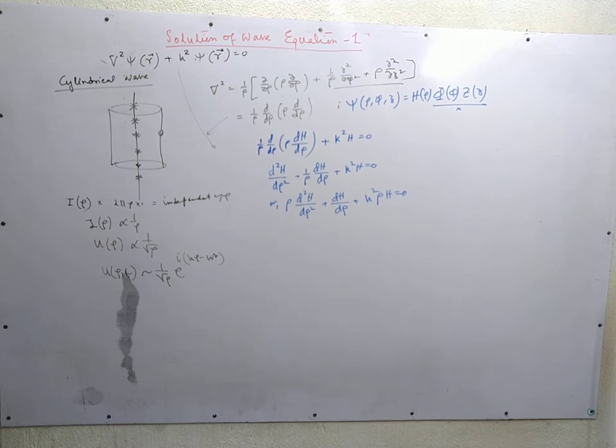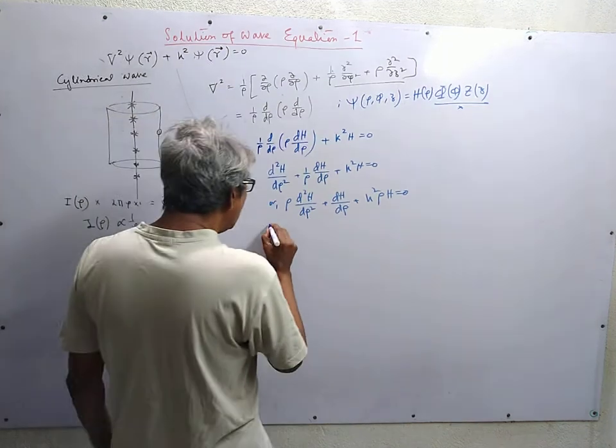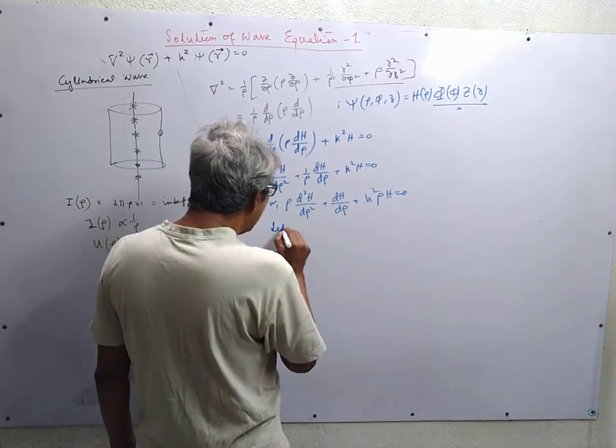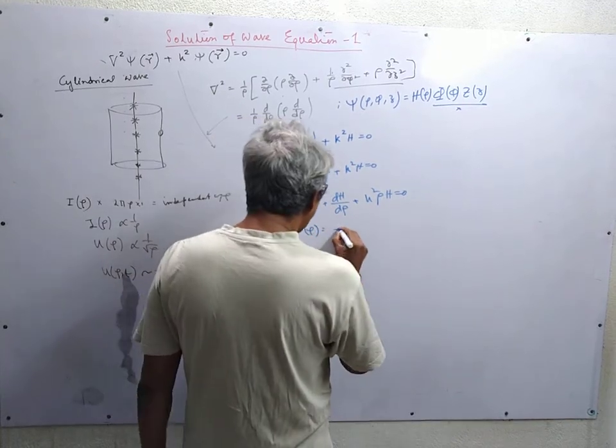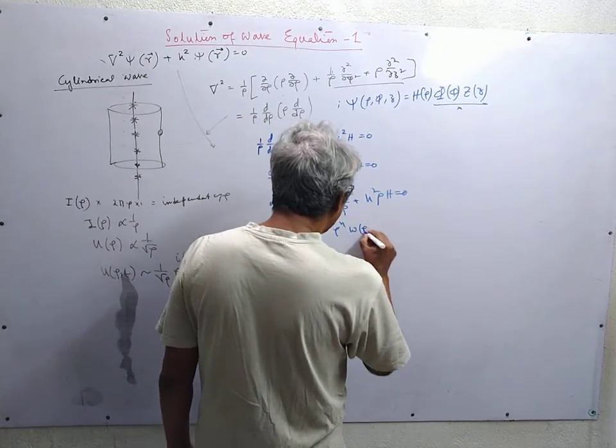As in the case of the spherical wave, we assume H of rho is equal to rho to the power n times w of rho.